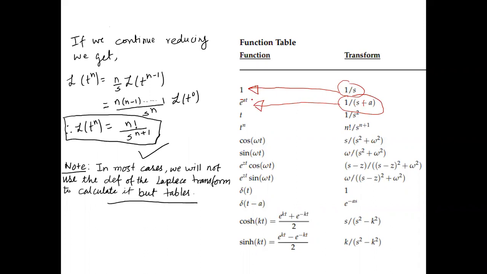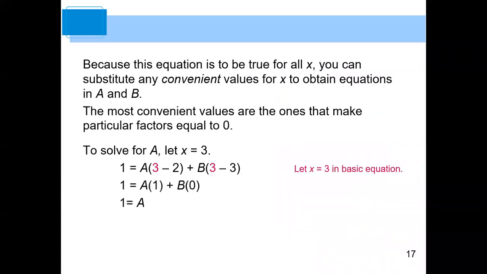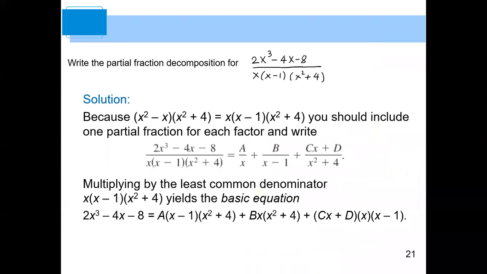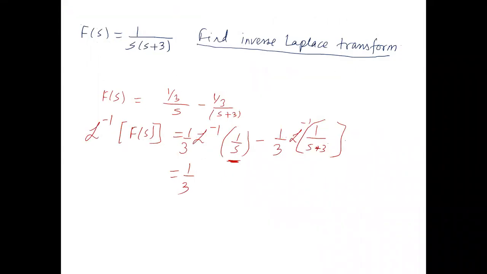So if you have this formula sheet or table, then you can use that table to figure out the inverse Laplace transform here. So 1 over s is simply 1, right? You already saw that.